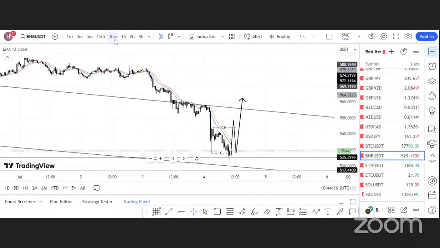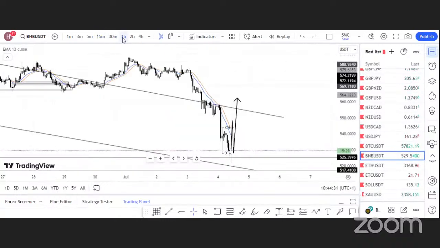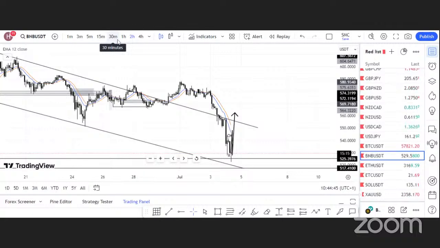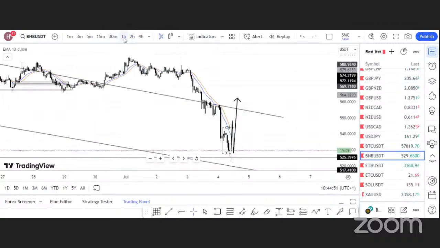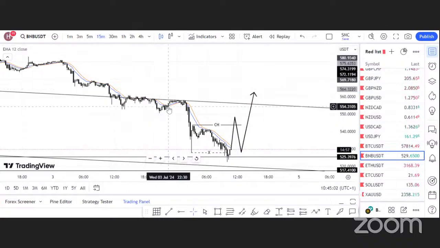So this is what I'm expecting from the market. So the analysis was made from the lower time frame, the 15 minutes time frame to be precise. All right, so hopefully this plays out.